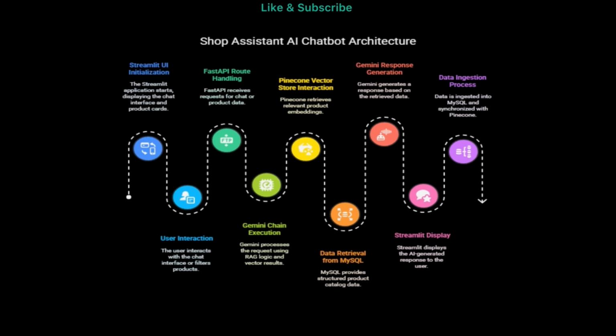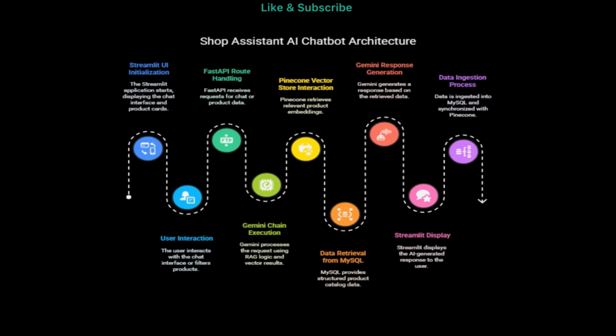As you have seen in the demo, we have 3 filtering options. Then we have the FastAPI route handling system, then Gemini chain execution to generate our responses, then Pinecone vector store interaction, then data retrieval from our MySQL Workbench database, then Gemini response generation, and then our Streamlit display after getting the response from Gemini.